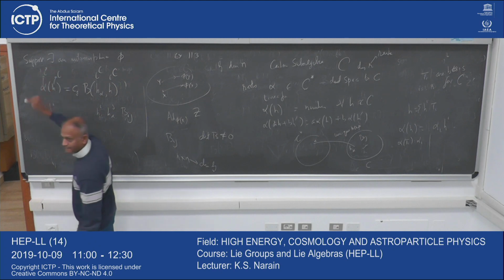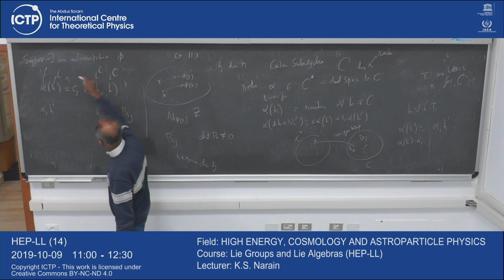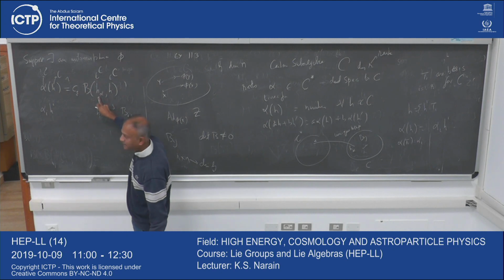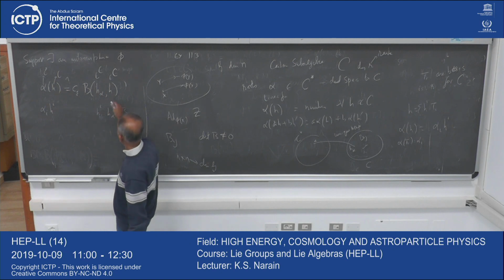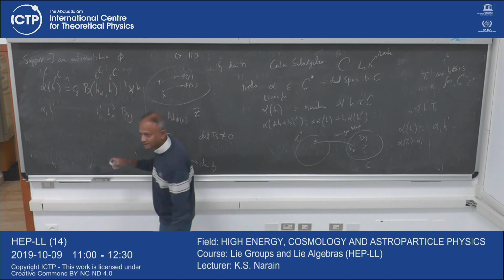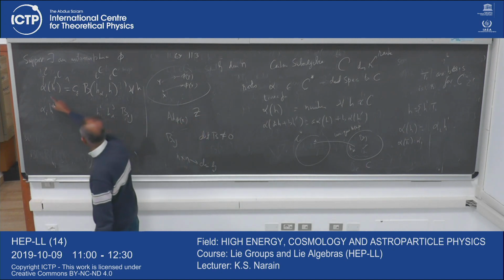So what we are saying is, if I can find an H_alpha in C that satisfies this equation for all h, that's the important point, not just for one h but for all h, then that gives you a map.